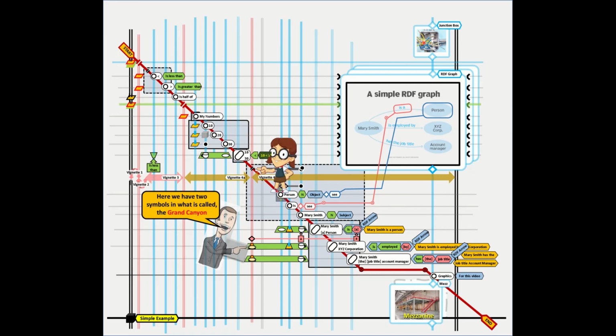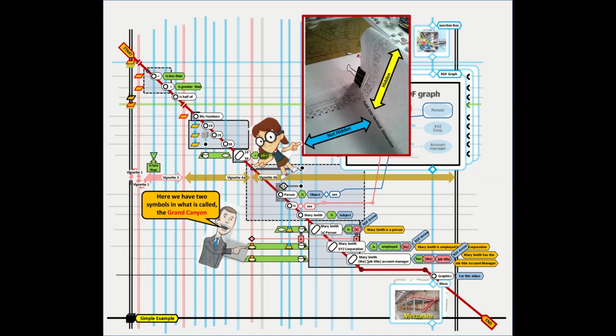And one can think of an UniML Grand Canyon as being much like the folds, say in a piece of paper, where, when looking down on the paper from the top, one can see what is on the non-folded part of the paper, but cannot see what is on the folded part, hence it is hidden from that viewer's view, yet still very much there, just not viewable, while thus folded.